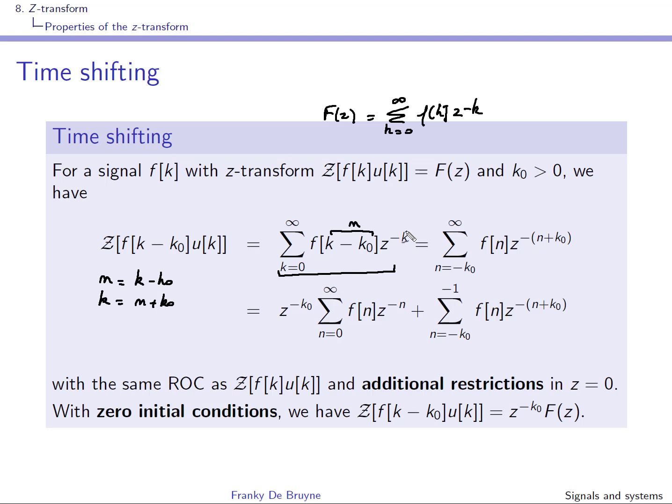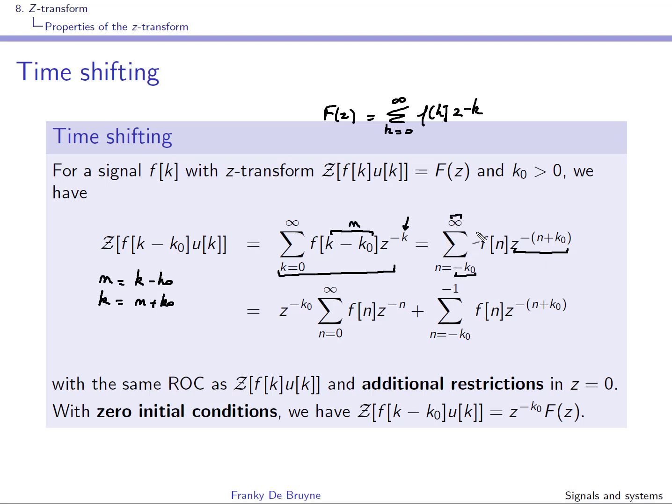So you can plug this in over here and you'll end up with z to the minus (n plus k0). You also see here that k ranges from 0 to infinity. So if you plug this range in here, you will see that n ranges from minus k0 to infinity.